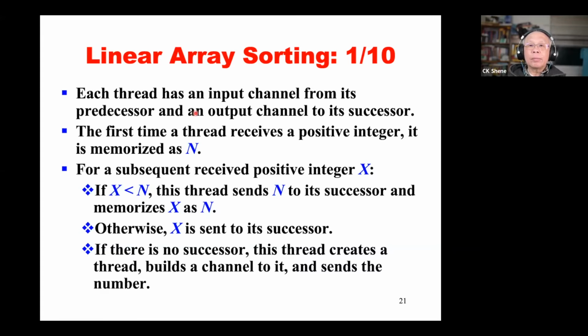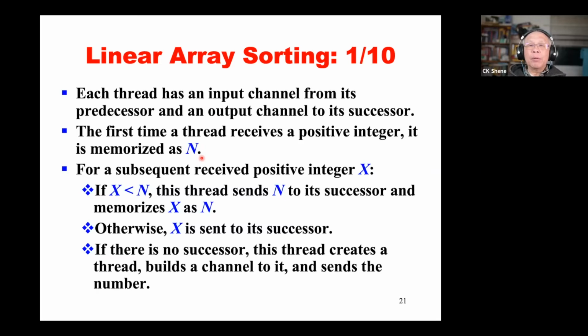Let's say we have a set of threads. Each thread has an input channel from its predecessor and an output channel to its successor. The first time a thread receives a positive integer, it is memorized as the value n.